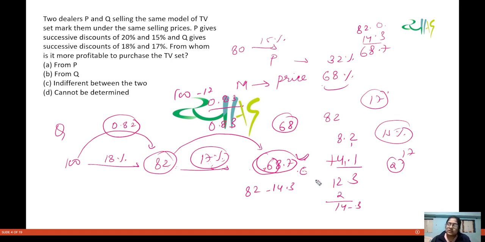So this is one thing. Here also you can see how much discount you are getting. First you subtracted 18, and then you subtracted 14.3. But we can make a direct comparison here.